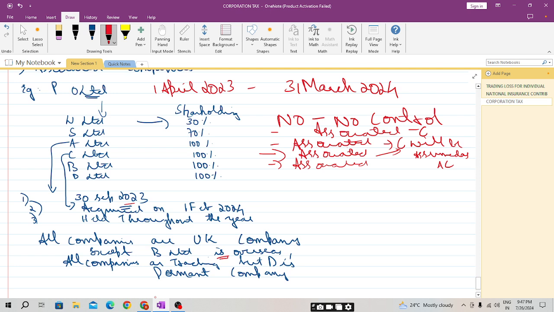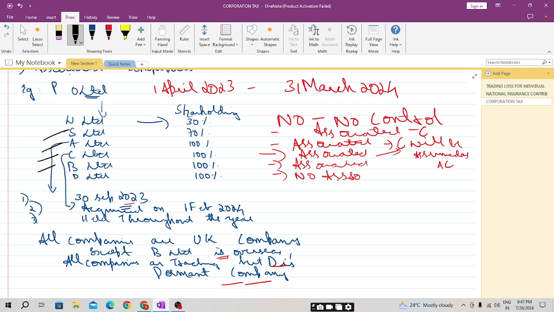D Limited, 100% control. Yes? No, students, because D is a dormant company. Not an associate. So the number of associates here is W, S, A, C and B, and we need to include the parent company also. No, students, sorry, here W will not be included, only 30%.